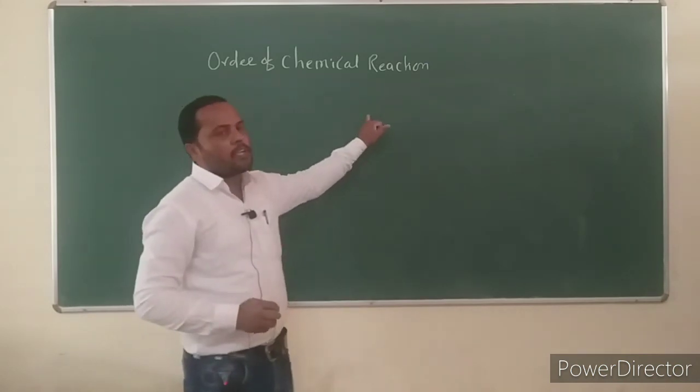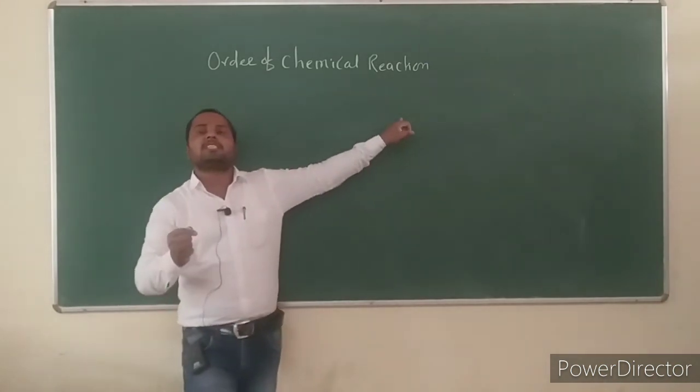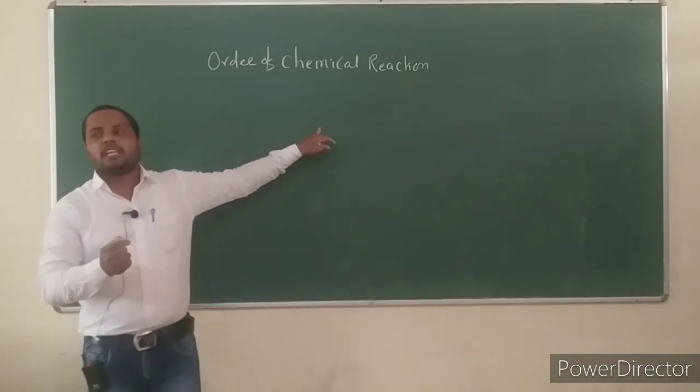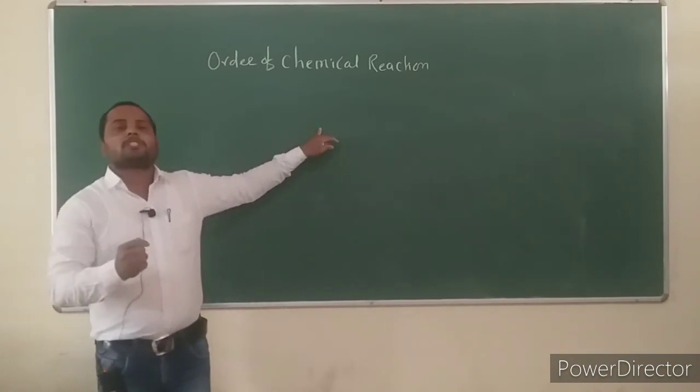In the rate equation, which reactant concentration generally appears?